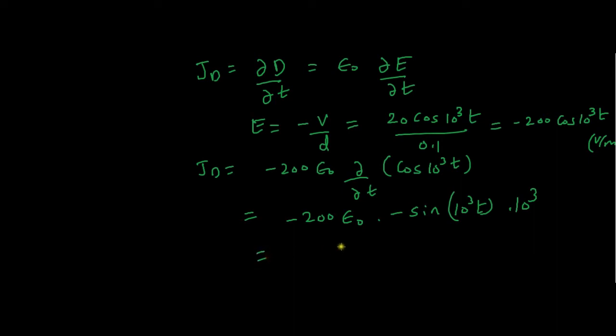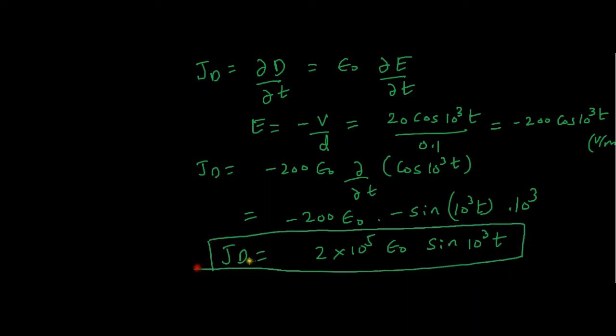This is nothing but 2 into 10 raised to 5 epsilon naught sine 10 cube T. This is JD, that is the displacement current density.